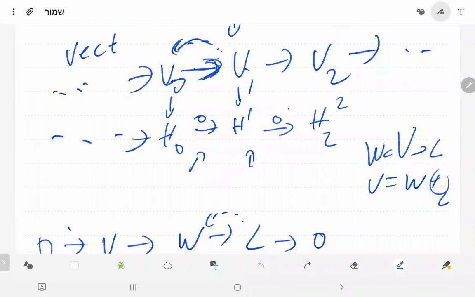And this means that the localization of vector spaces, so yes, you have a functor now from complexes of vector spaces to graded vector spaces. You can think about a graded vector space as a vector space decomposed into a direct sum, but you can also just think about it as a sequence of vector spaces.